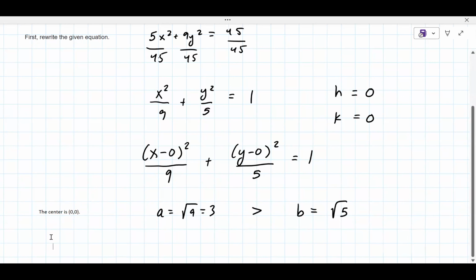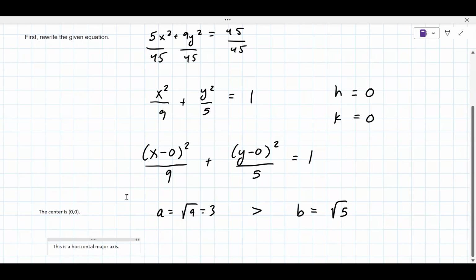So we might even say that now. This is a horizontal major axis.